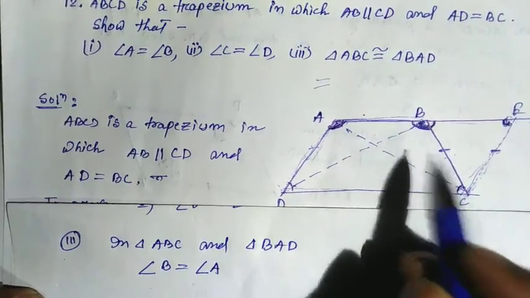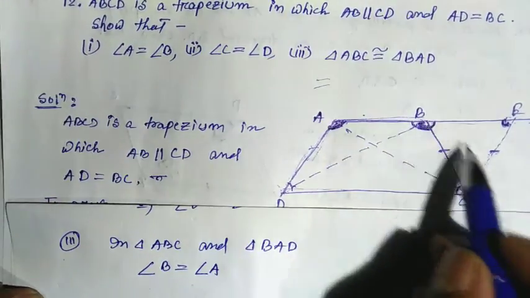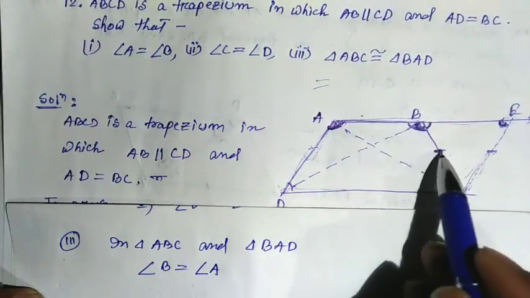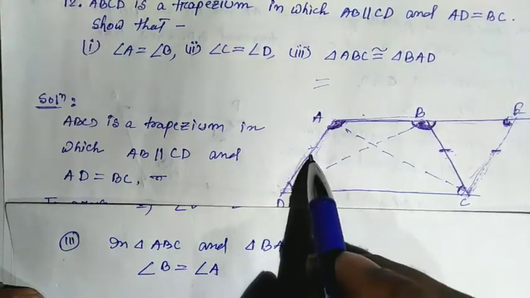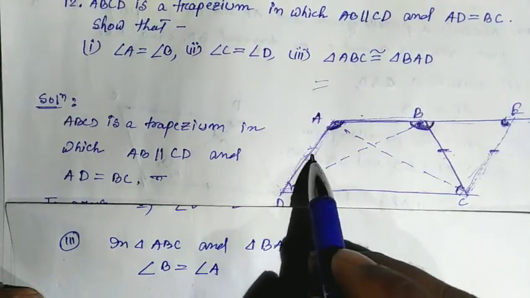Now see, in triangle ABC, this BC side, and in triangle BAD, this AD side are equal. It is given in the question.